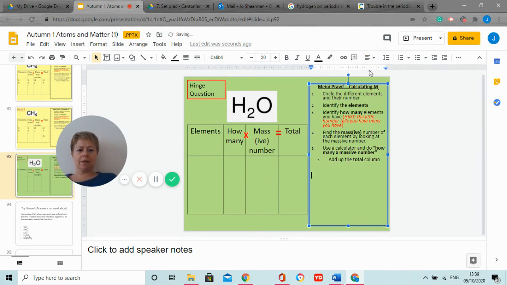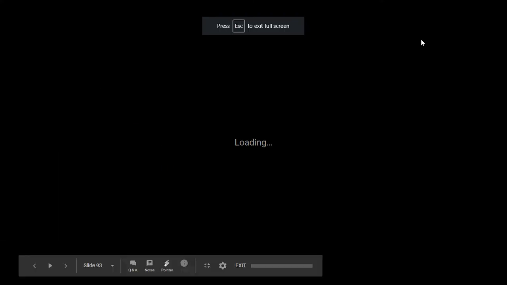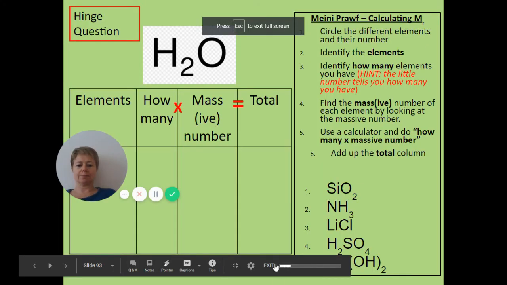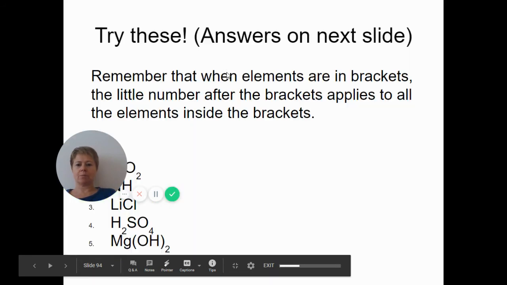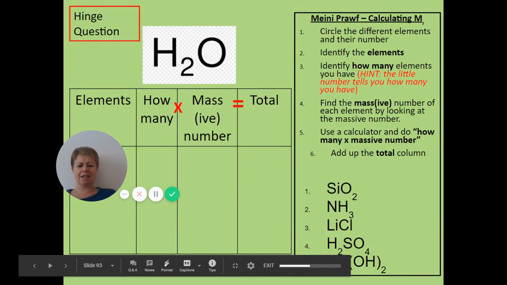Oh, dearie me. There we go. Get rid of the... Oh my goodness. That grey box should disappear in a minute.